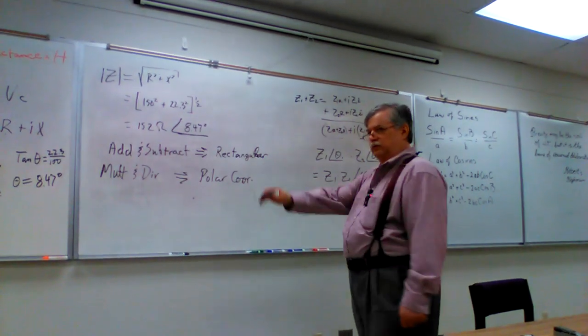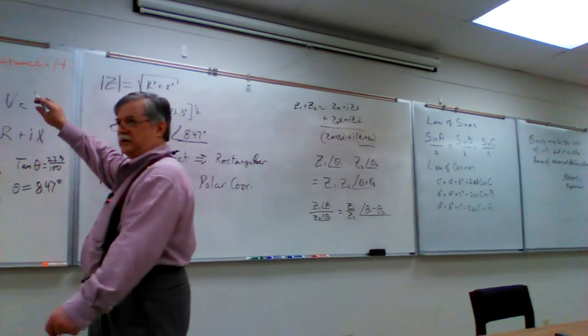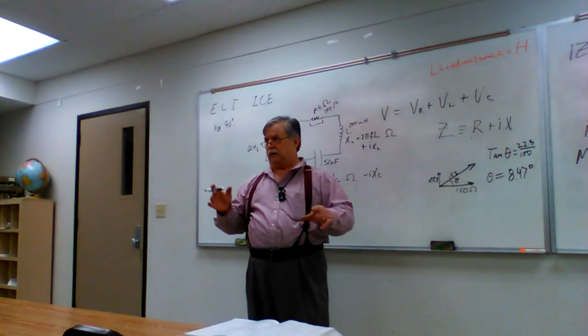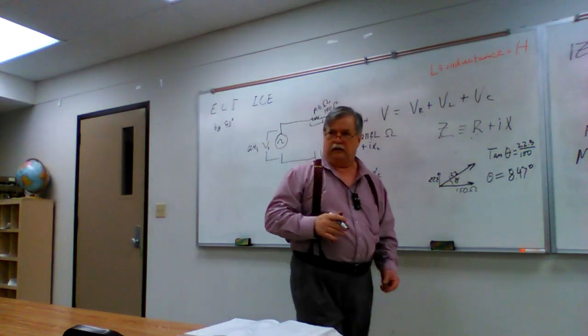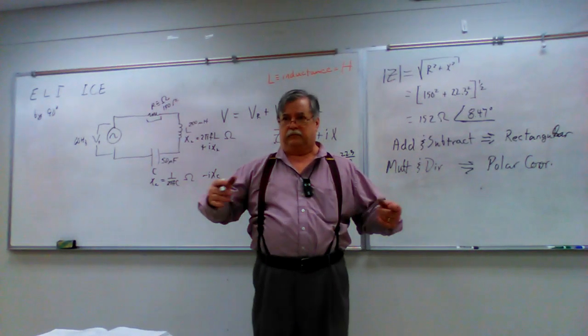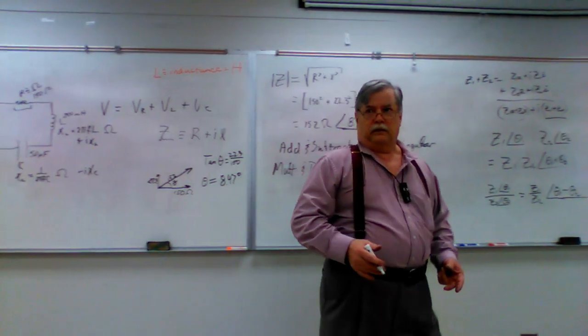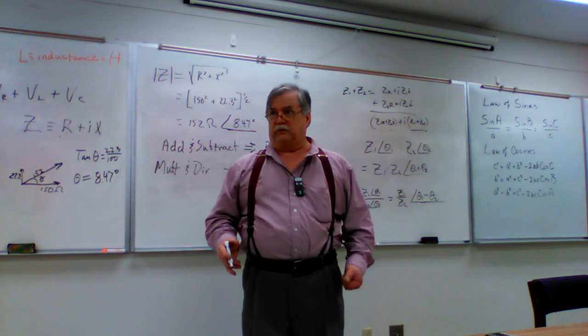So, when you start analyzing these AC circuits, these RLC circuits, you start having, okay, this is in parallel with that, and this one is, you do it the same. Put two impedances in parallel, you take the reciprocal of the sum of the reciprocals.